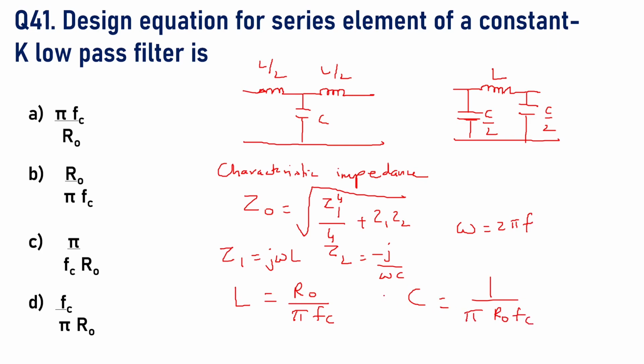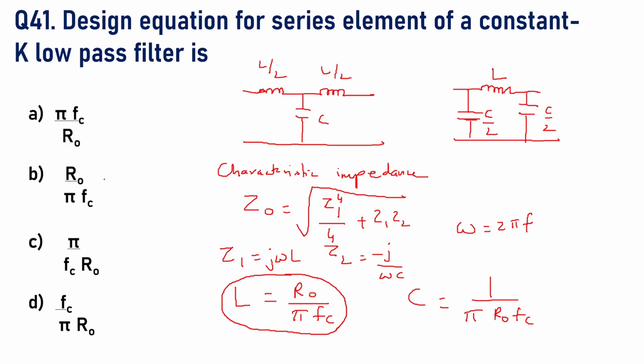Now here you can see the inductor element is a series element, and this is what is asked in the question. Design equation for series element of a constant low pass filter. So the series element L is given as R naught upon pi Fc.